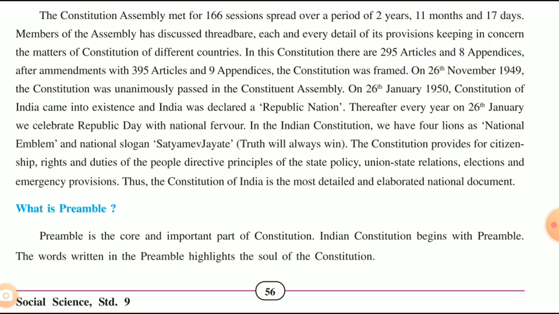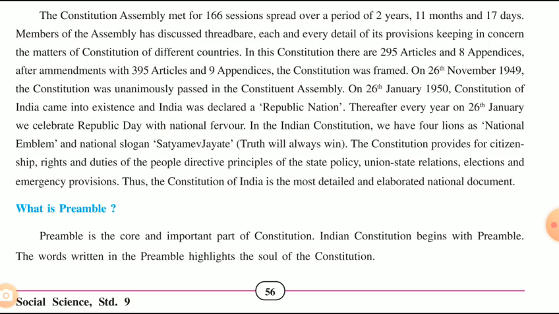Our constitution also has a national emblem, that is four lions standing sideways in all four directions, and a national slogan written on the national emblem, Satyameva Jayate. It means truth always prevails.